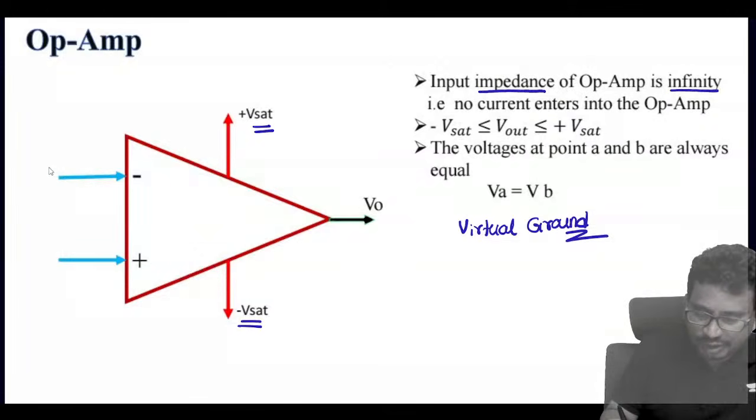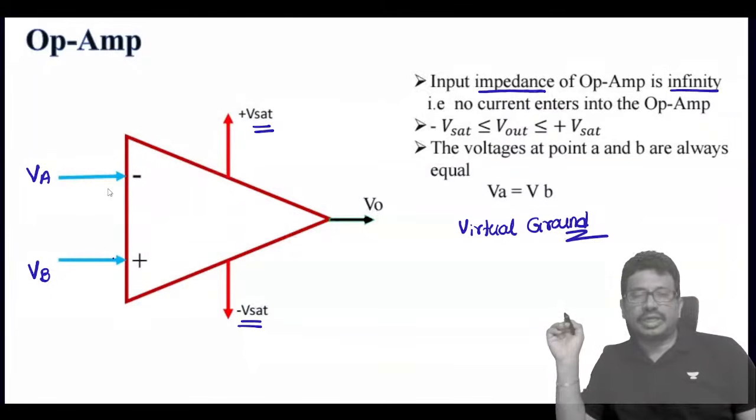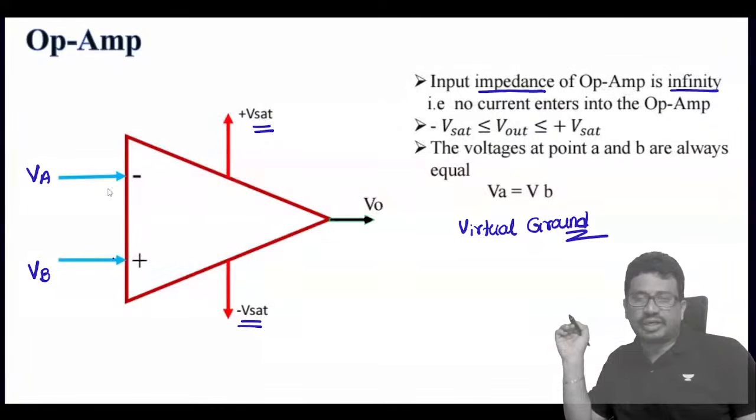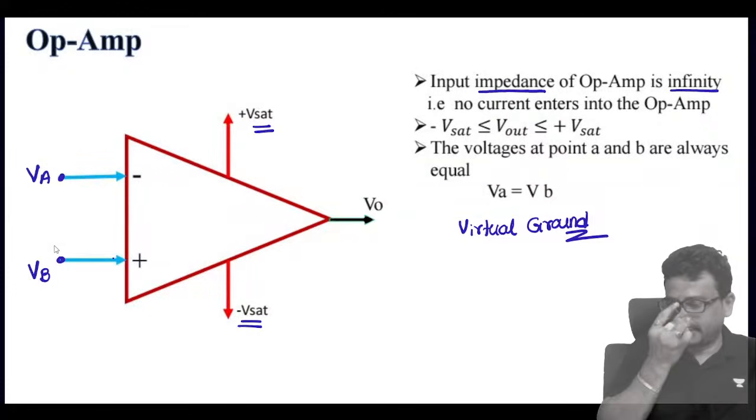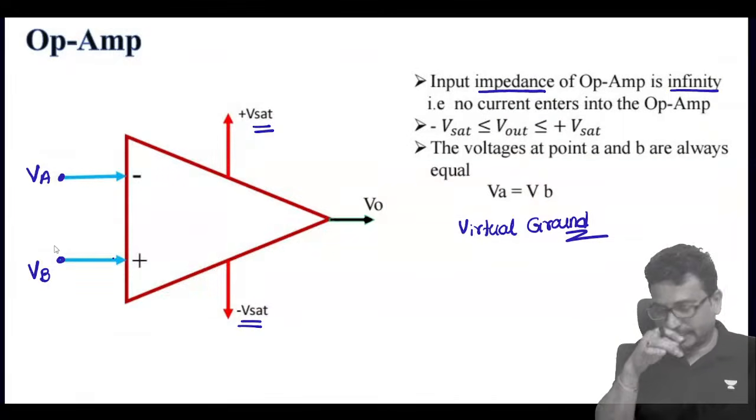If this voltage I call VA, and this voltage I call VB, and the voltages at the positive terminal and negative terminal are both equal, that means VA and VB, both values are equal. That is the virtual ground concept.